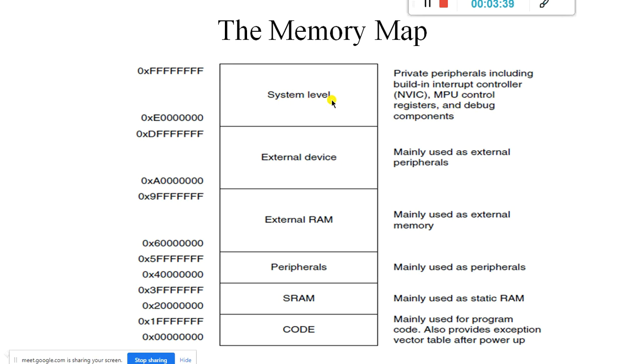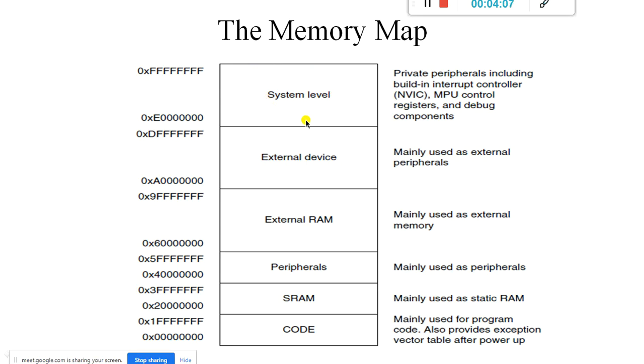We will keep on discussing in the class that if there is an exception, there will be a separate program to handle that particular exception. That program which we execute when an exception occurs will be stored in this area called system level.